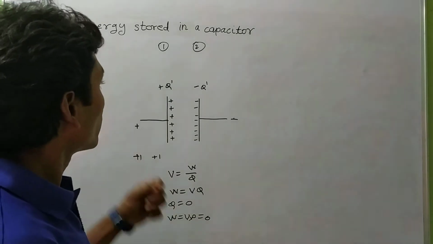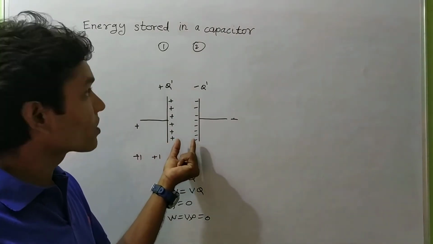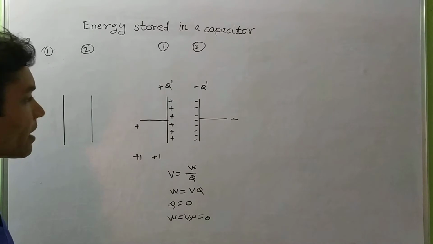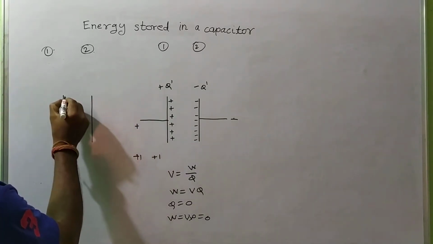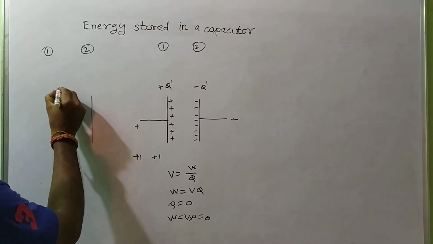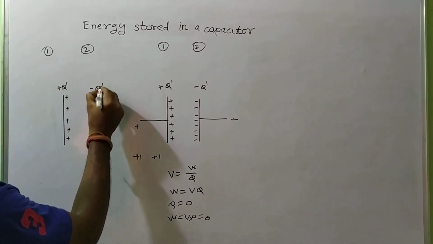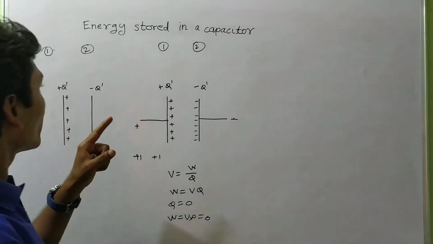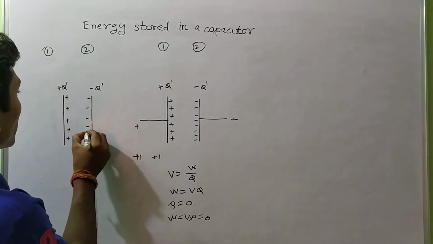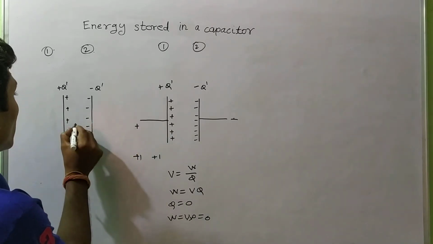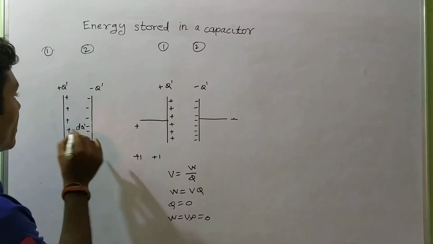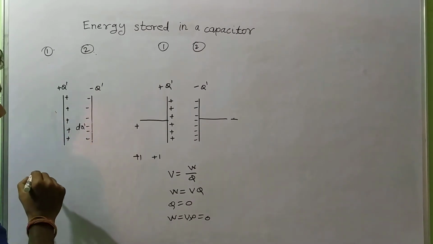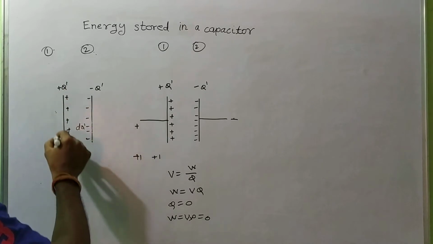To calculate the potential energy stored in the capacitor, we assume that a small amount of positive charge dq dash is brought from the second plate to the first plate of the capacitor against the repulsive force of positive charges.